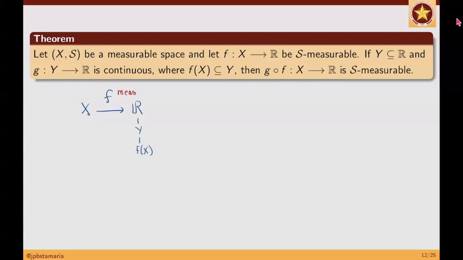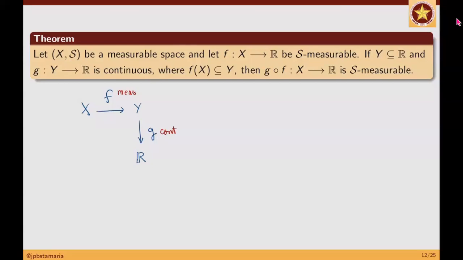para kung ano man yung output ng X, susulat ko ng F of X. Kaya ako gustong yung F of X na nasa loob ng Y, so that yung F of X na yan can be placed inside Y. Lahat ng ibubuga ng F, kayang lununin nung G. Do you get me? So ito yung function na G. Itong property ng G, continuous.